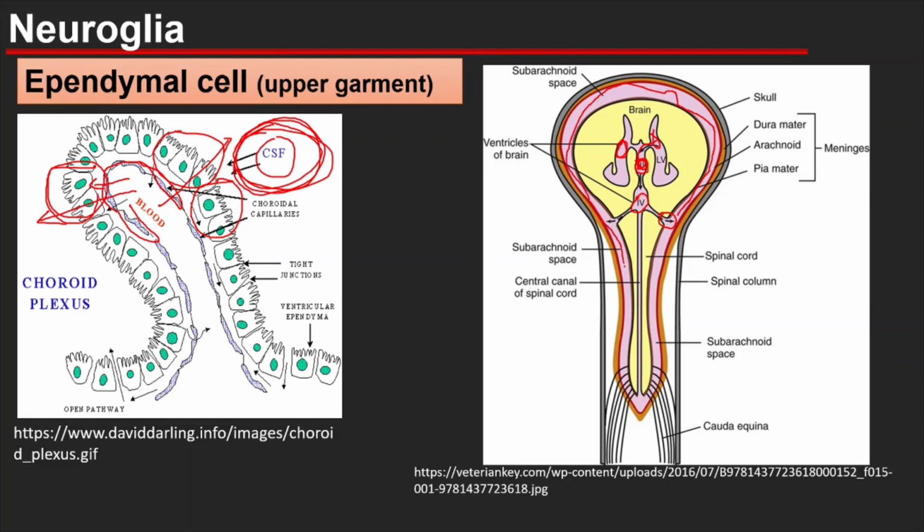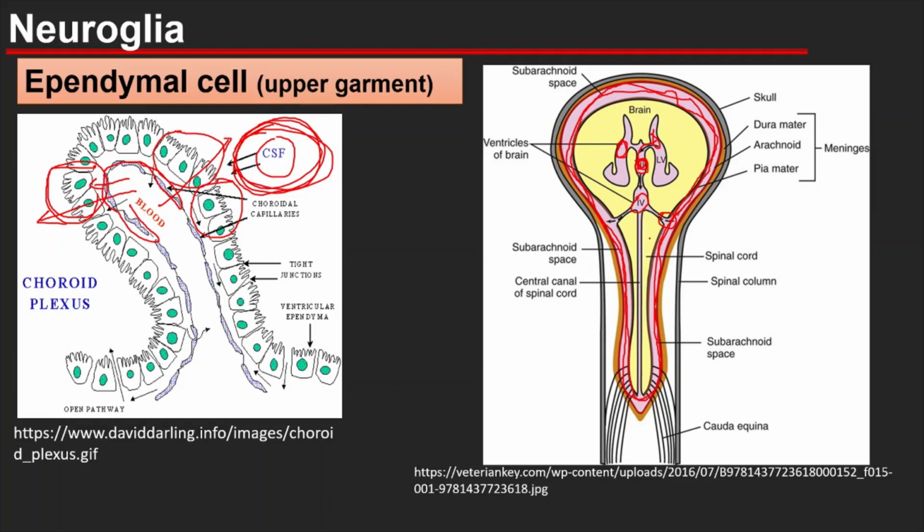The CSF surrounds the central nervous system. So we can see here the CSF is surrounding the central nervous system, and because of that we can say that the central nervous system is floating over the CSF, and because of this arrangement, we don't feel the weight of the central nervous system.